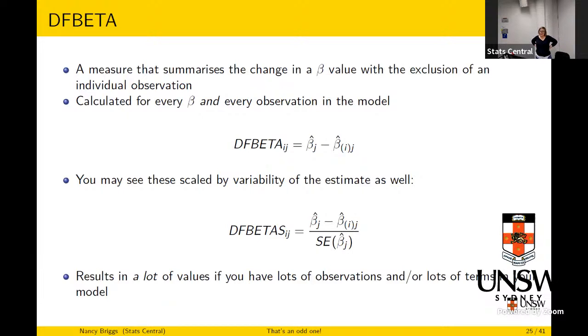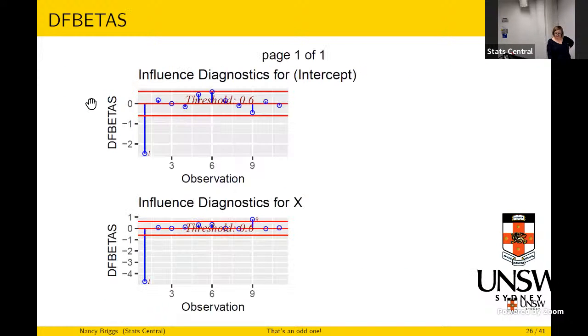So the number of things that you're looking at when you're looking at DFBETAS gets up there very quickly. But once again, we can look at plots rather than individual values. And this will point us toward those cases that may be influencing our regression weights.